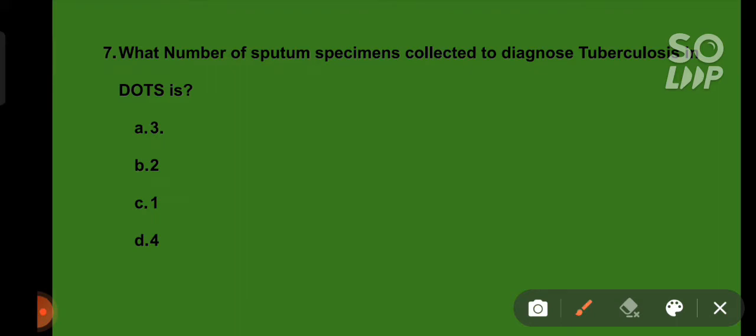The options are option A 3 samples, option B 2 samples, option C 1 sample, option D 4 samples. The right option is option A, 3 samples. We have to collect 3 samples from the suspected tuberculosis patient.